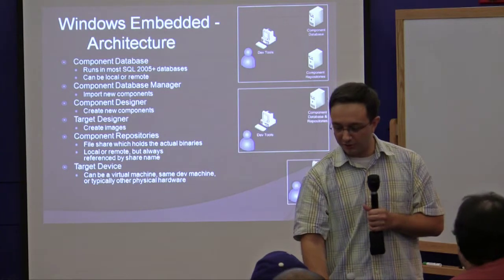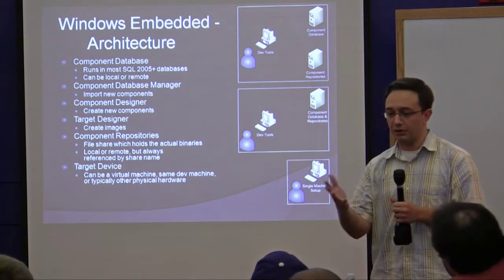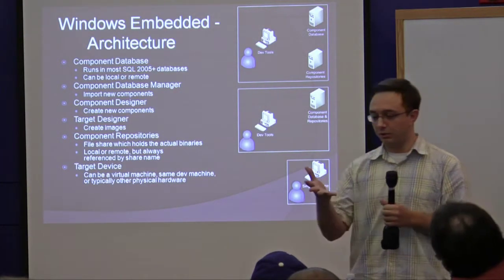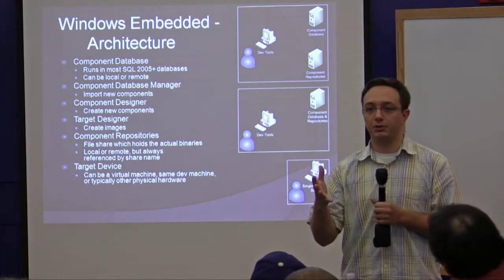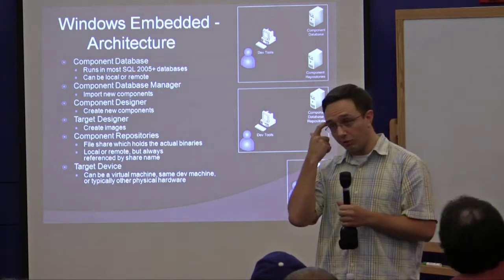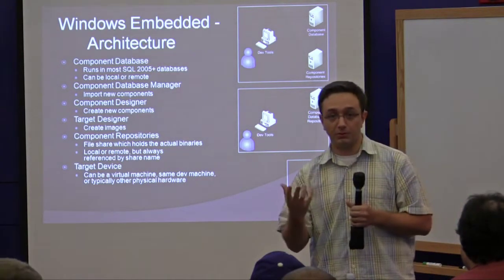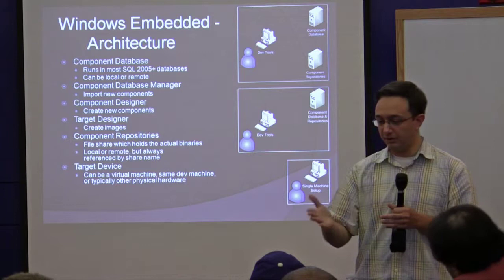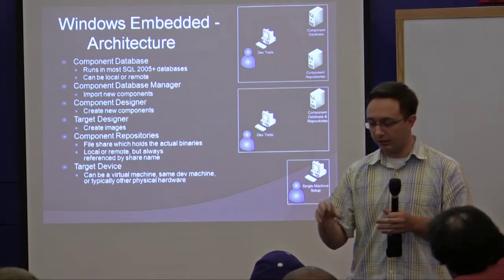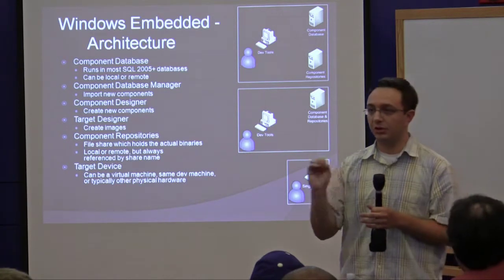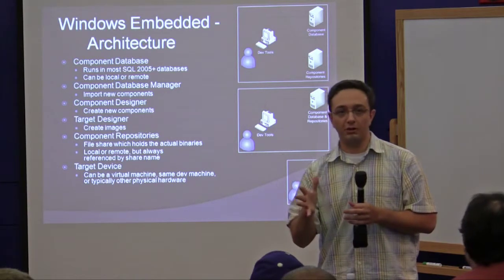And basically, these are the three different deployment models. You can have development tools, your component database, and your component repositories separately. This is really more for a full embedded development shop with multiple developers. Or you can have a two-tier architecture, or you can just have everything on a single machine, which, for most single developers, is probably the way you're going to do it.